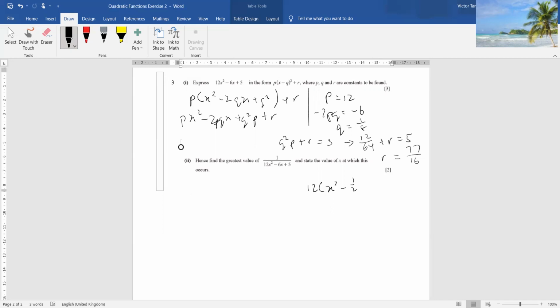So this is 1 over 4 squared, which is 1 over 16. 1 over 16 times 12 is 12 over 16, which is 3 over 4. Okay.